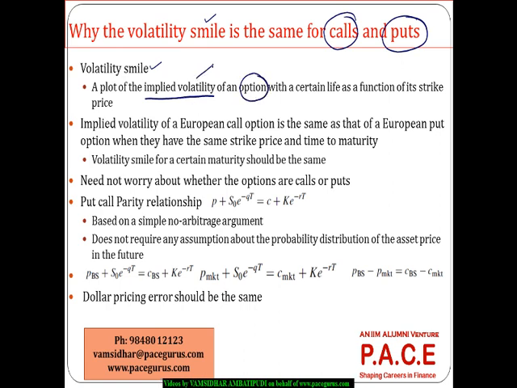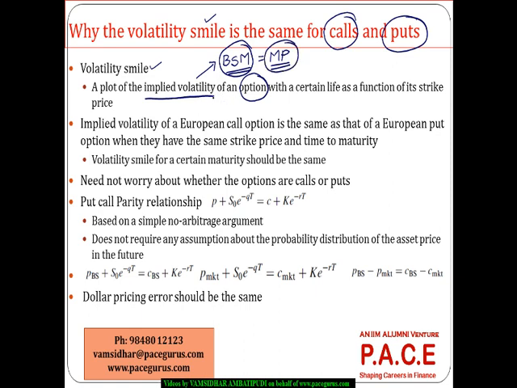Implied volatility, we have already understood, is the volatility that we get by equating the Black-Scholes model price of the option with the market price. So we solve for the volatility as an unknown by equating the Black-Scholes model price with the market price of that option.